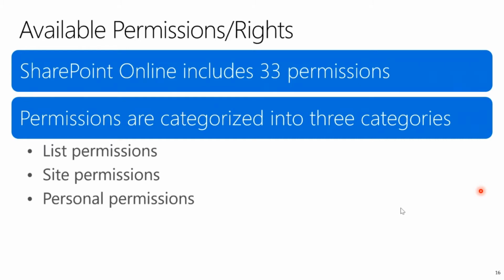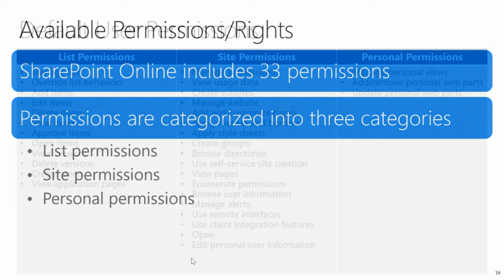The permissions related to list operations are all grouped into the list permission category. Whatever can be performed at site level with the site object is categorized under site permissions, and the permissions for the user are under personal permissions.